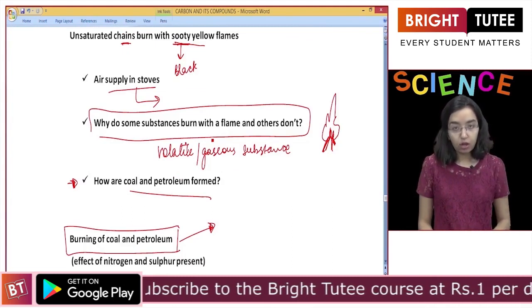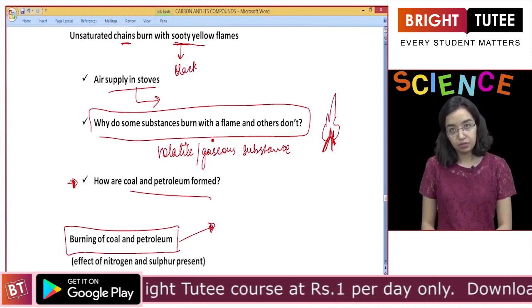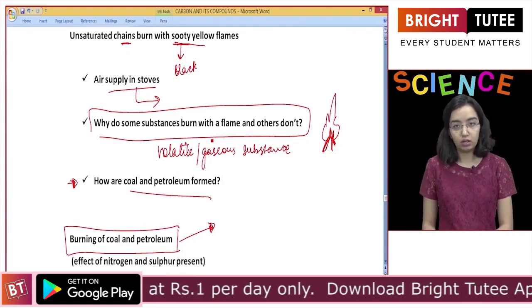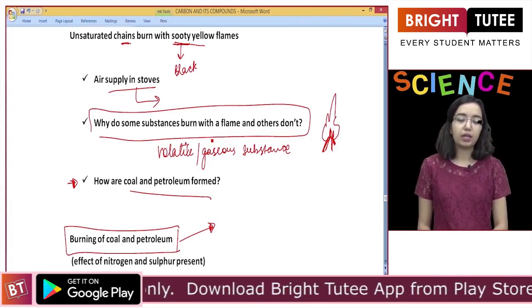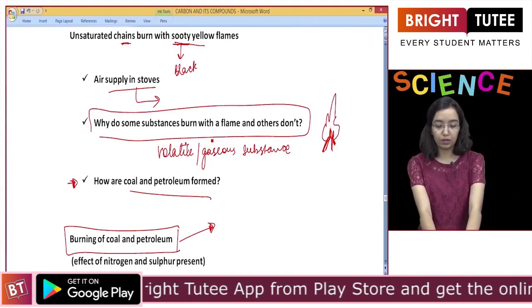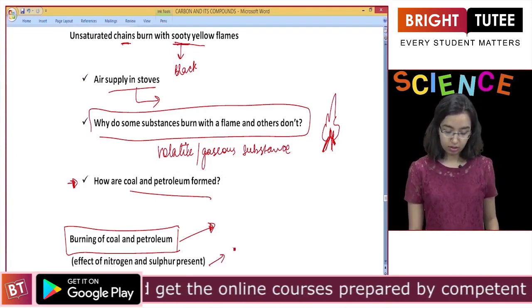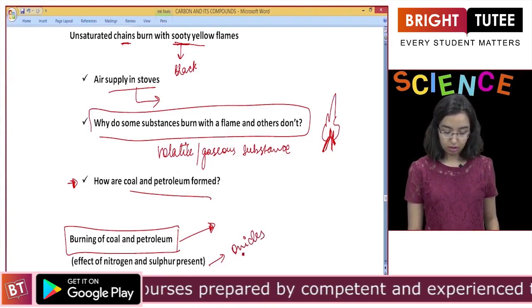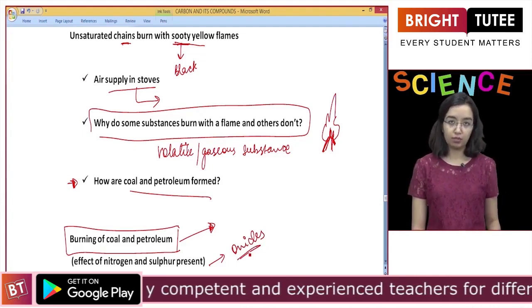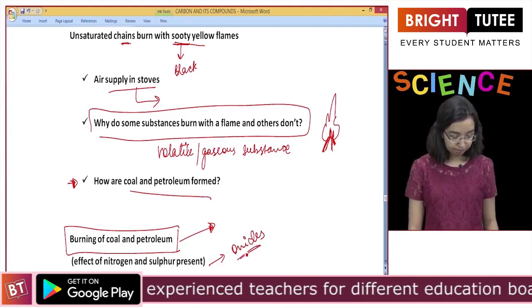Then we talked about what coal and petroleum are, how they are formed, and how they affect the quality of air. That is majorly affected by the presence of nitrogen and sulfur, which form oxides on burning and harm the environment and the air quality.